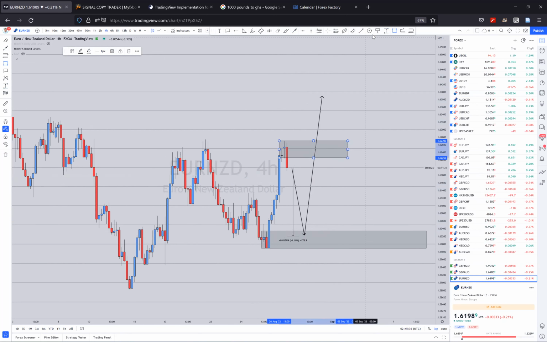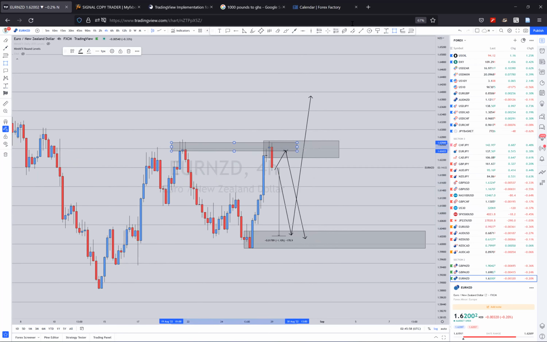If this thing closes bearish and price tapped into the level that I would sell for to the downside here, then we'll look to buy again. So Euro NZD looks like a good selling opportunity here for about 200 pips here.